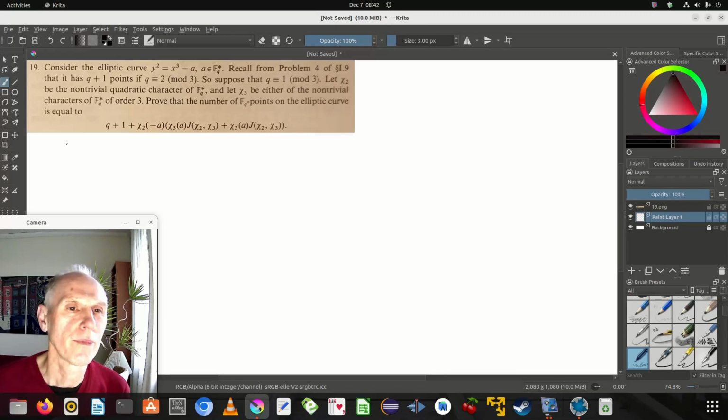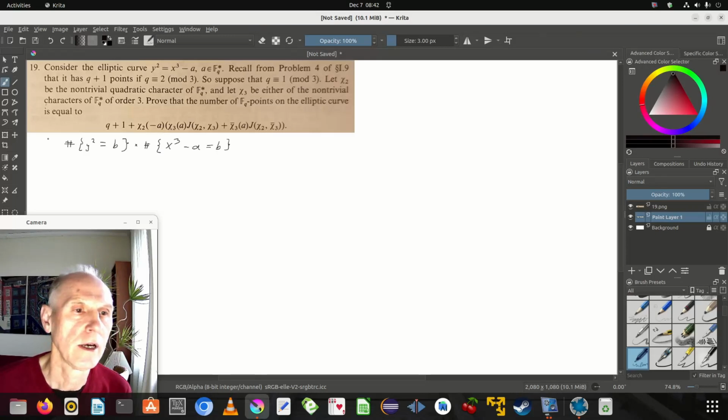Well, if we take the number of solutions to y squared being equal to b, and then for that b, multiply that with the number of solutions for x to the third minus a being equal to b, and then sum over b.